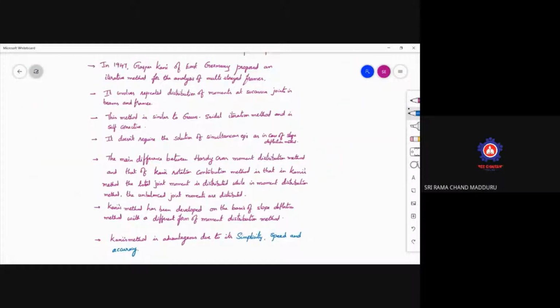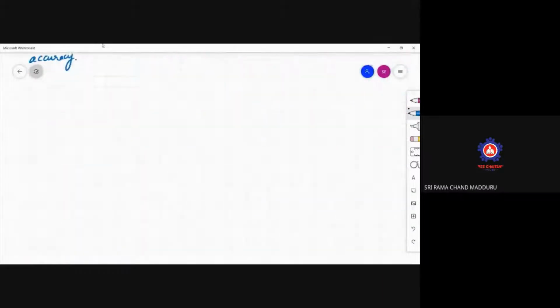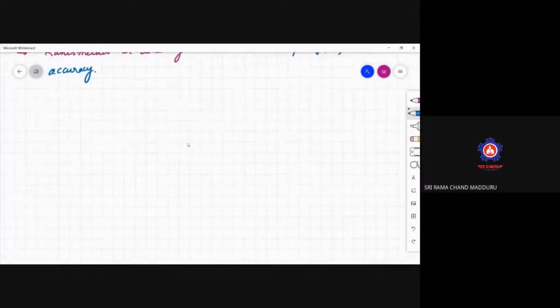Now we will start analyzing a beam first of all. We will develop the equations for Kani's method. Fundamental equations in Kani's method.